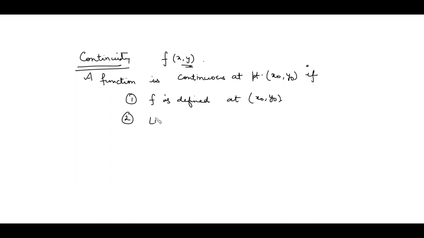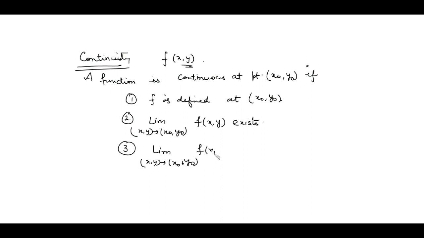Secondly, the limit as xy approaches x naught comma y naught of f of xy exists, and the third, this limit value is the same as the value of the function at x naught comma y naught, then we will say our function is continuous at the point x naught comma y naught.